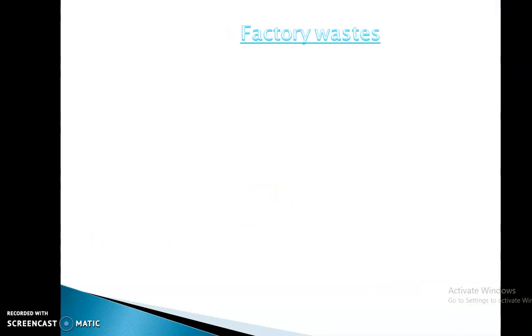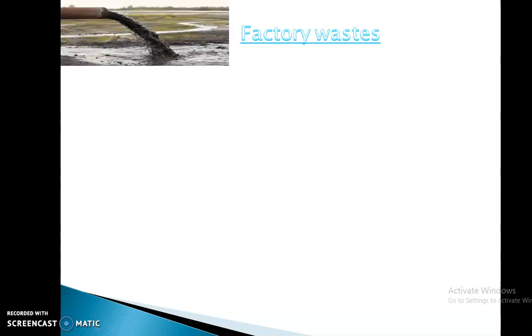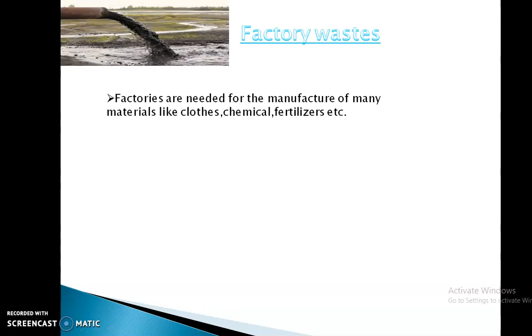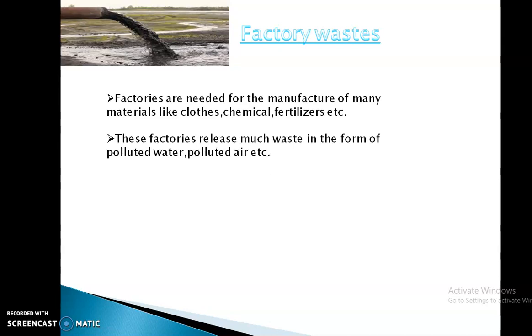The last example which is given in your textbook is factory waste. The factory, we know, is a backbone for the economy, but the factory produces a large amount of waste because they manufacture many things like cloth, chemicals, fertilizers. These industries either release hot water or many chemicals as a byproduct, which will pollute the water or the air.